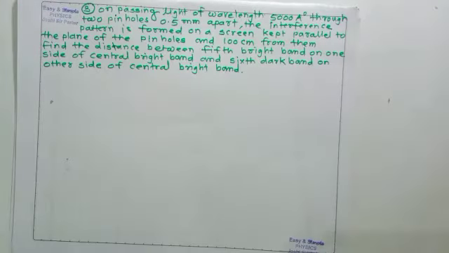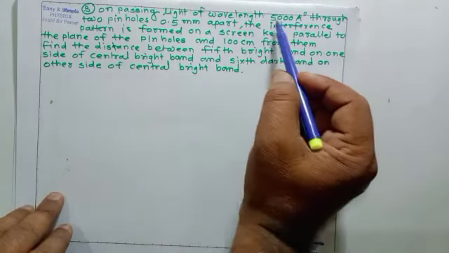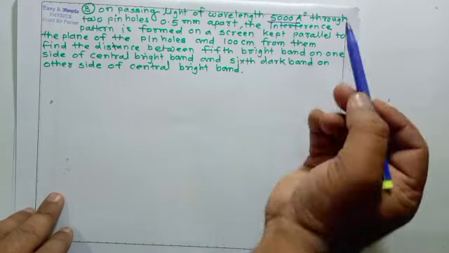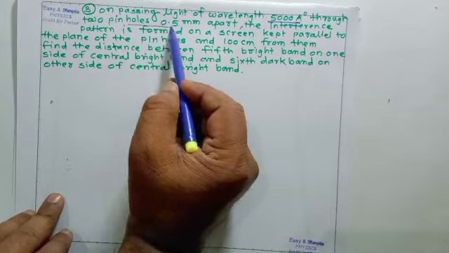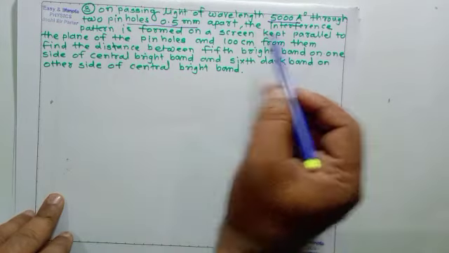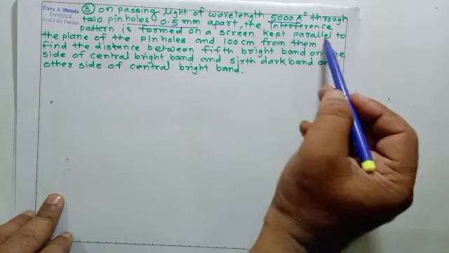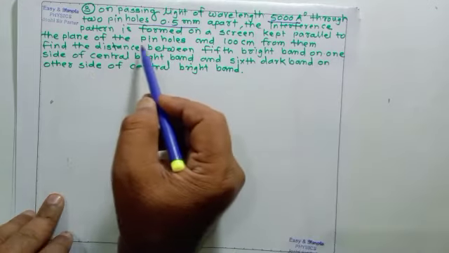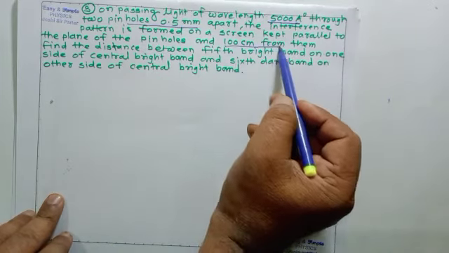Again, if we solve another question: on passing light of wavelength 5000 angstrom unit through two pinholes 0.5 millimeter apart, the interference pattern is formed on the screen kept parallel to the plane of pinholes and 100 centimeter from them.